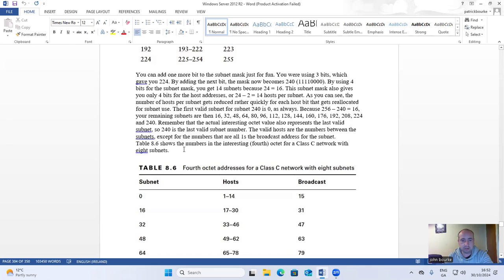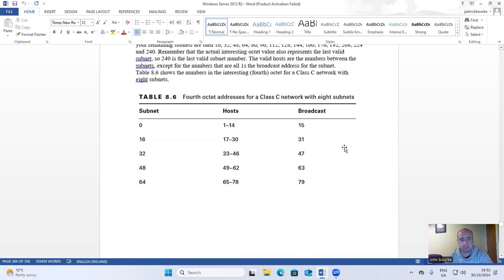Table 8.6 shows the numbers in the interesting fourth octet for a Class C network with this subnet mask.